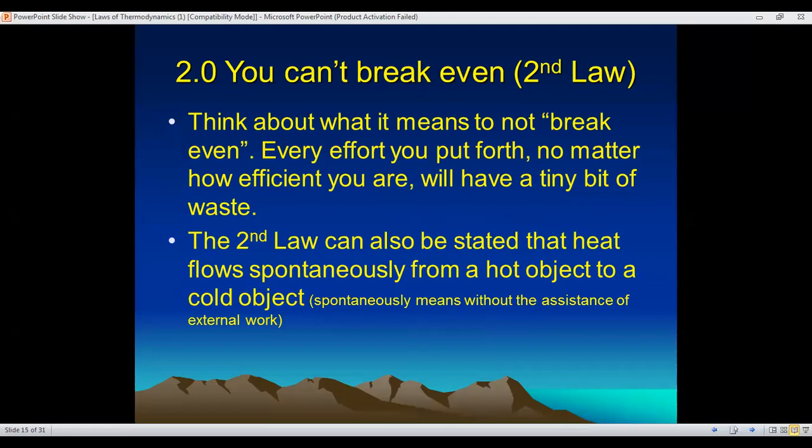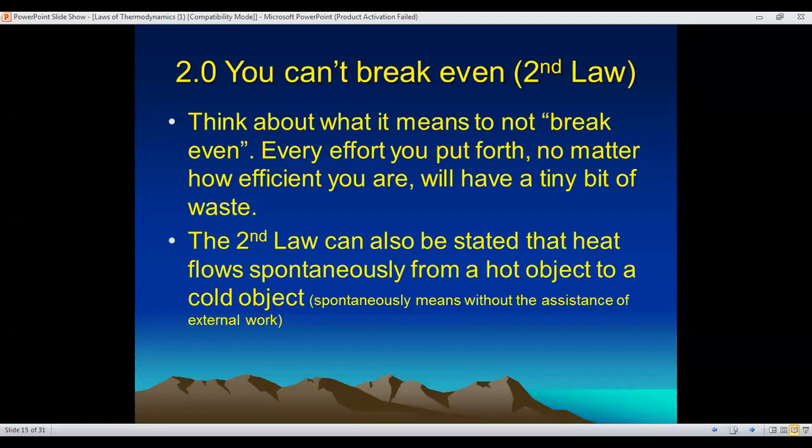It means that if you put in so much experience and so much effort doing any process, you still do not convert it 100%. Whatever input you apply, all of the input is not converted to output.